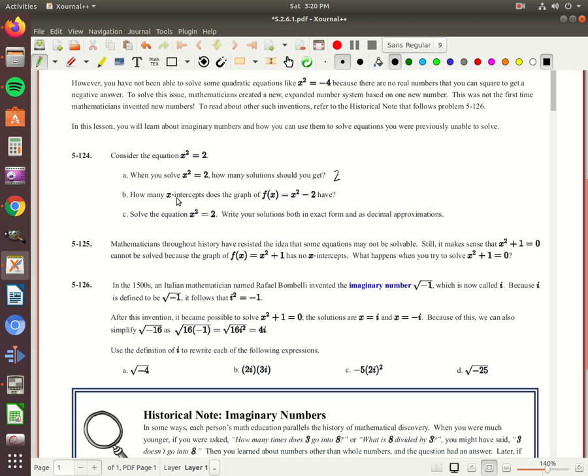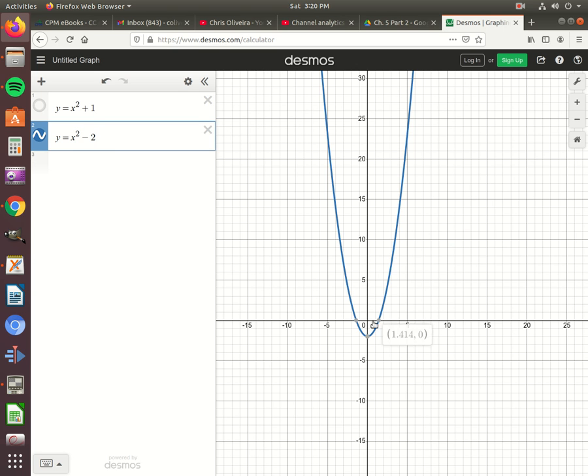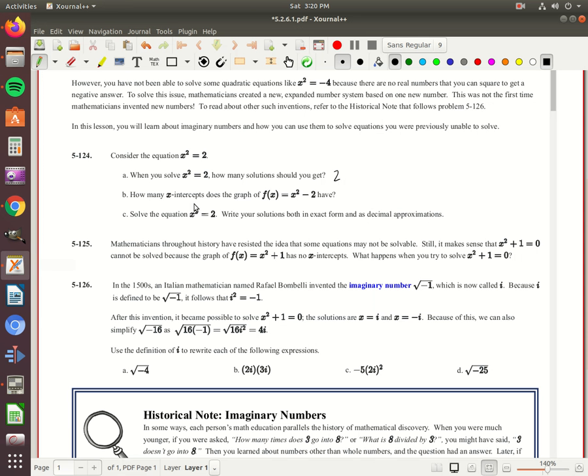It says how many x-intercepts does the graph of x squared minus 2 have? So let's take a look. So let's say y equals x squared minus 2. And you can see it has 2 solutions, right around 1.41 and -1.41, right?